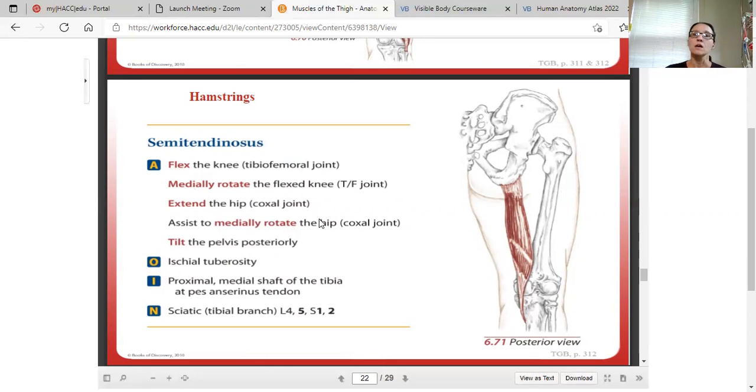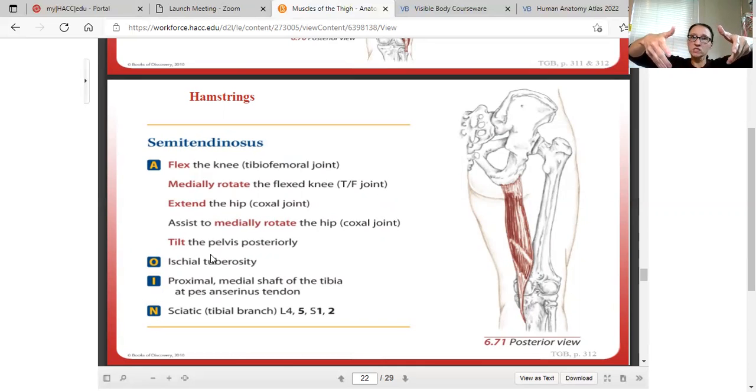Okay. We have one more action that all of the hamstring muscles do, though I'm not entirely sure why it wasn't listed on biceps femoris, and that is to tilt the pelvis posteriorly. So if you recall, the anterior tilt takes the ASIS, which would be my fingers right here, and moves them towards the floor, right, on the anterior, down that way.